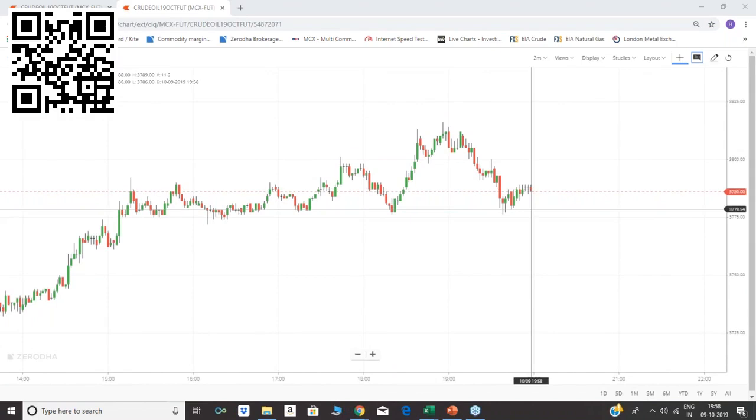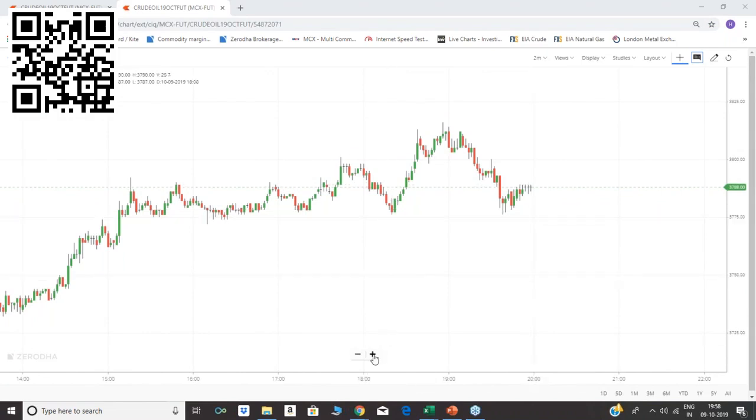Another important thing is that whenever the price wants to move in any single direction, first it will move in the opposite direction and then it will give the movement in the direction we want. This is a very important thing during the inventory.